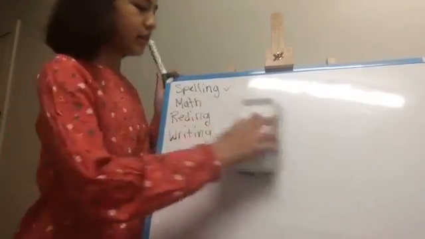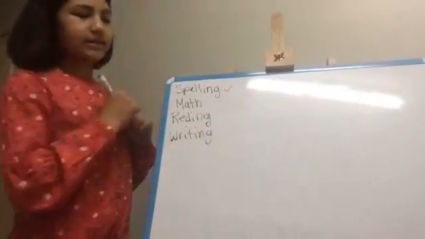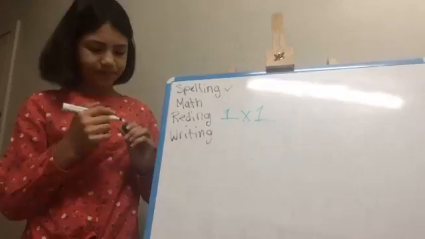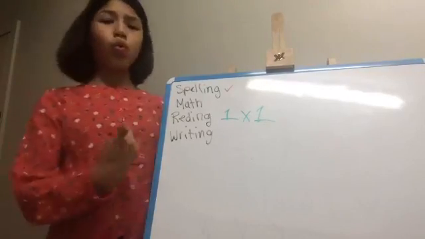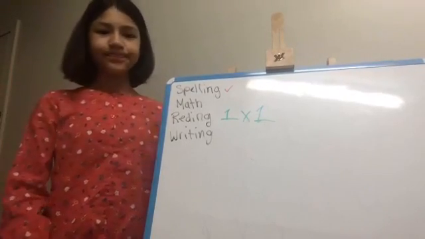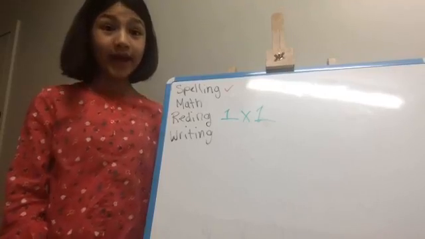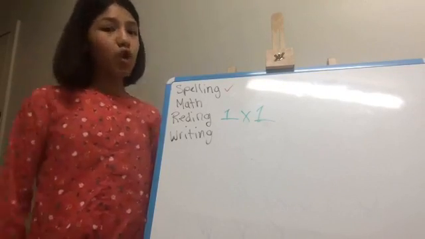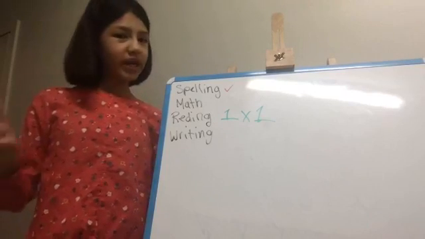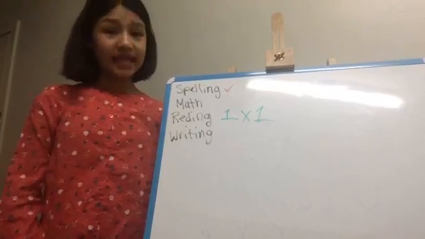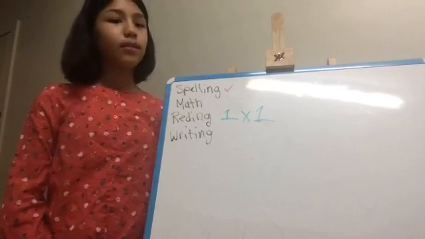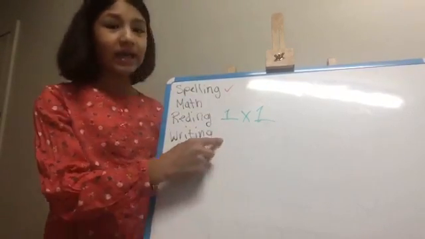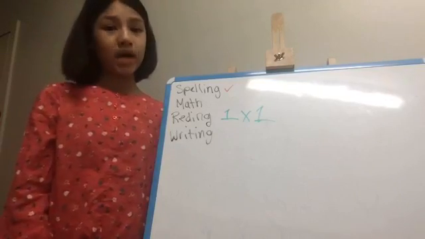Here's how to do it easy. What do you think 1 times 1 is? Correct, it's 1. And do you know how you know it's 1? Because anything that is multiplied by 1 is its own number.